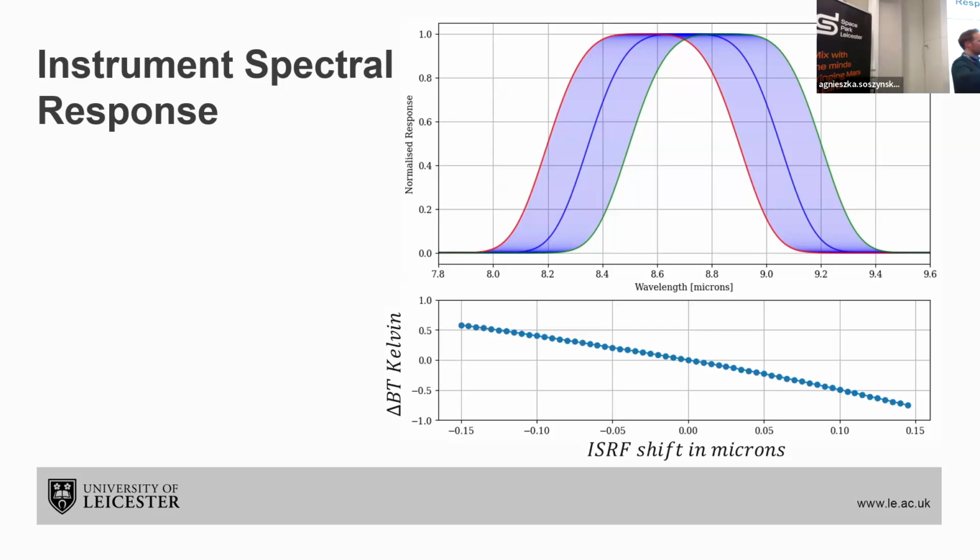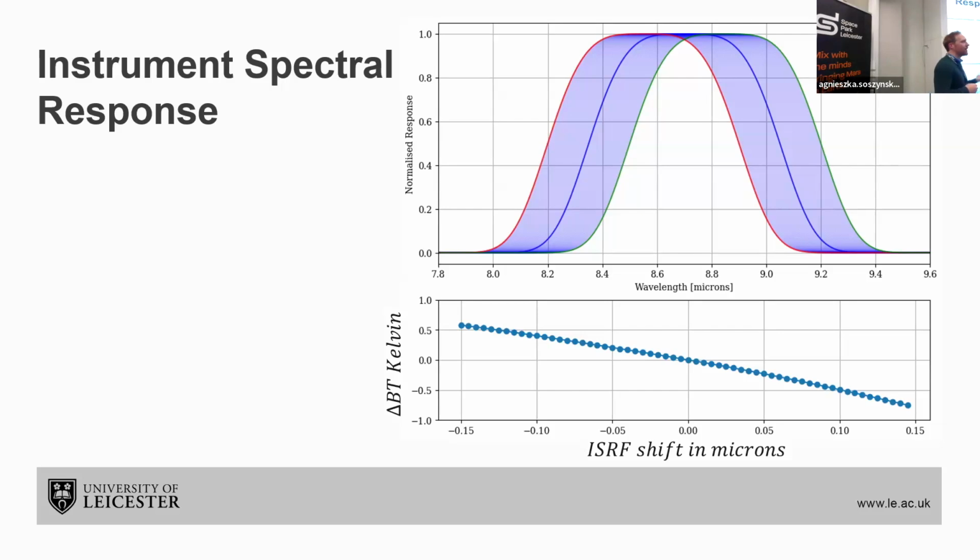So the red line on this plot is where we've shifted it towards the lower wavelengths to the maximum extreme, and the green is where we've gone to higher. And what we've got underneath is a plot of the impact this shift has on the top of atmospheric brightness temperature. And you can see that this is not an insignificant feature here. This is quite a lot of change that we're seeing here.